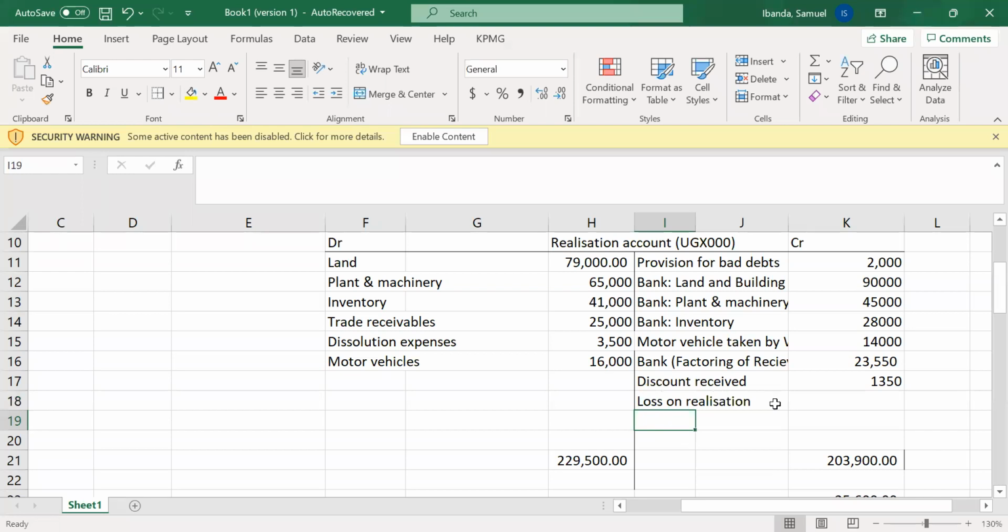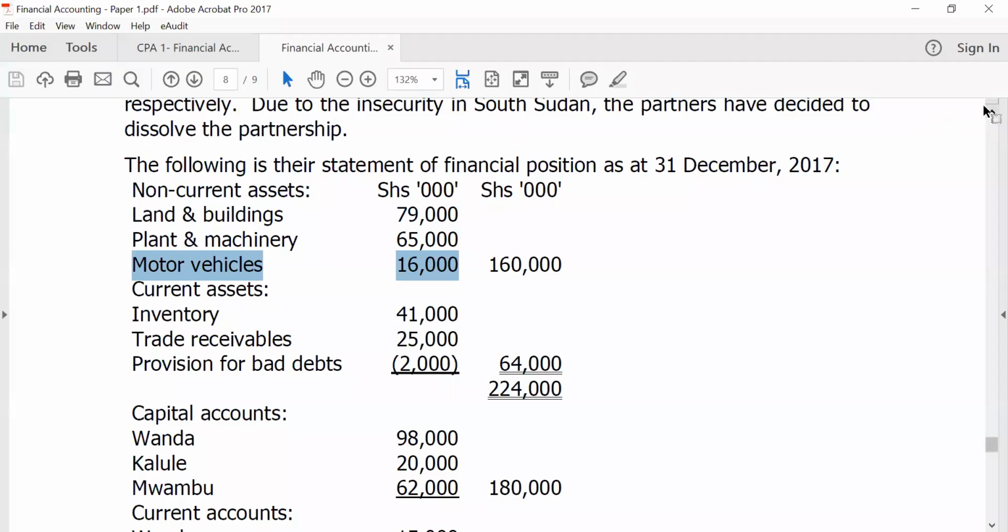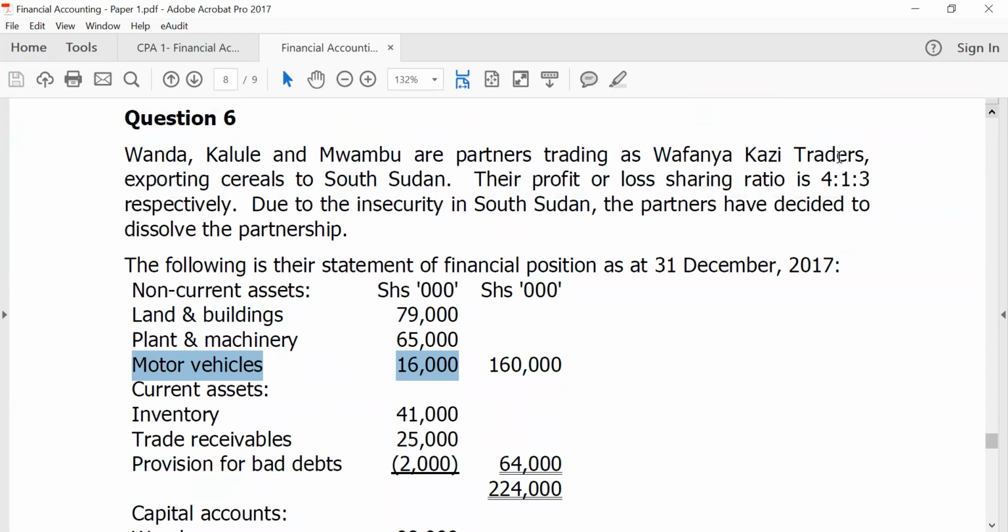Now, this loss on realization is shared among the partners on their last sharing ratio. The difference we have found to be 25,600. When you look at what they gave us, they told us that the partners' profit or loss sharing ratio is 4:3:1, and this is for Wanda, Kalule, and Mwambo.